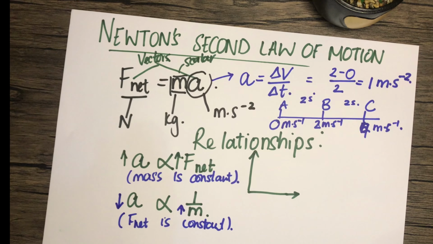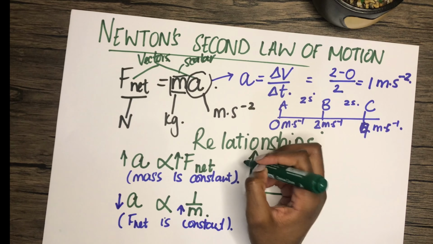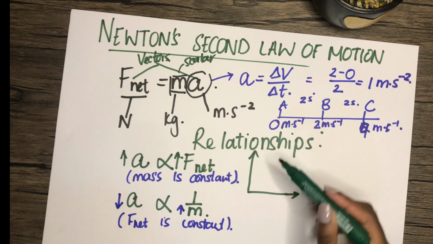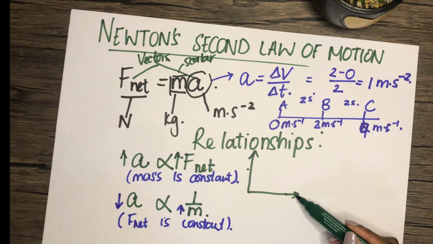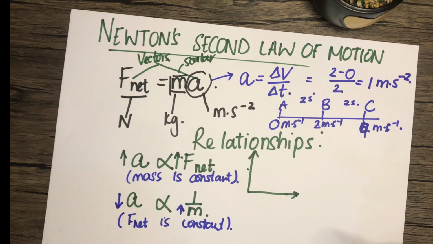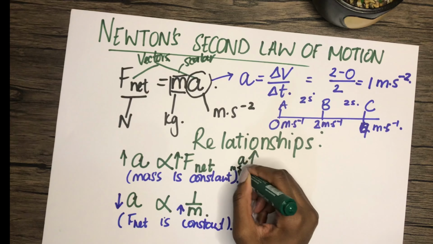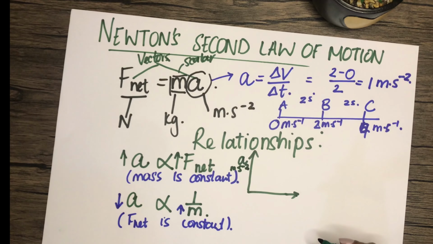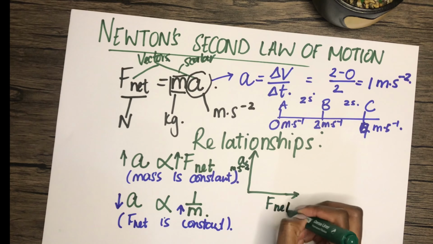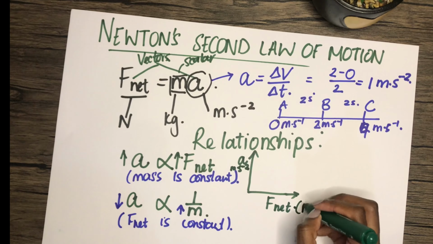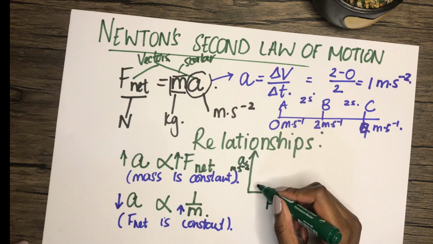And then for the graphs that we get from here, we have a dependent and an independent variable. The dependent variable is the one that we put along the y-axis, and the independent along the x-axis. So our dependent variable is the acceleration, in meters per second squared, and our independent variable is the net force, which is in newtons.